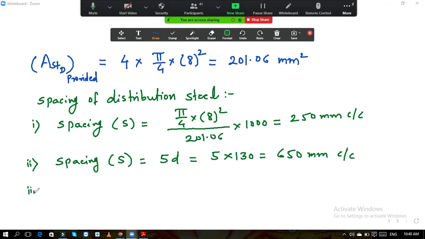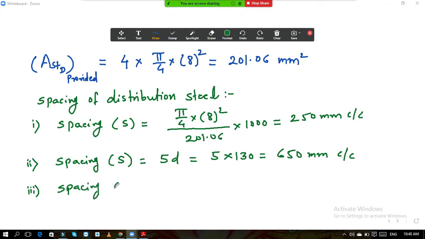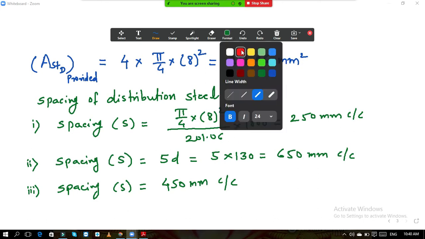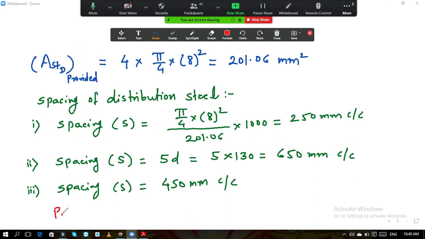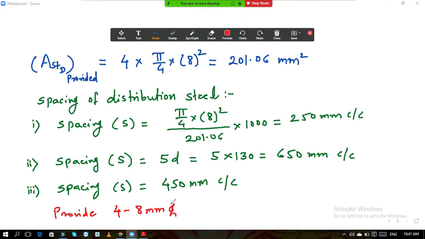And in no case should the spacing be more than 450 mm center to center. So we will choose the lesser value out of all these values. So I will write finally, provide 4 bars of 8 mm diameter at 250 mm center to center.